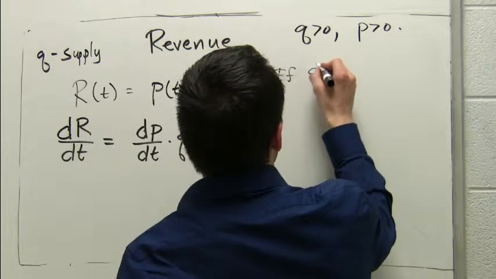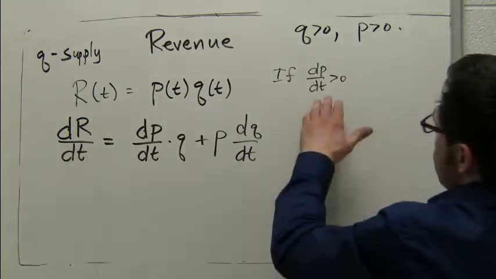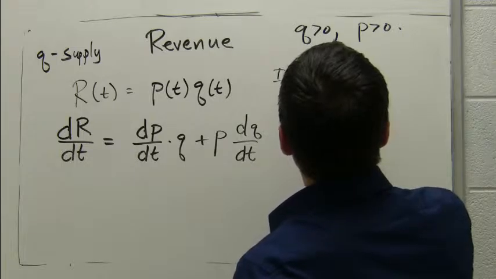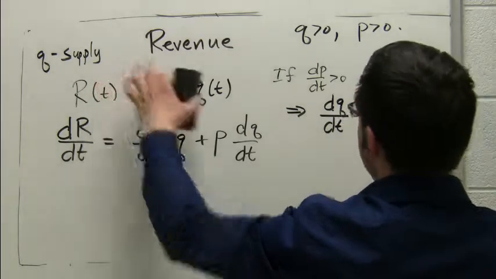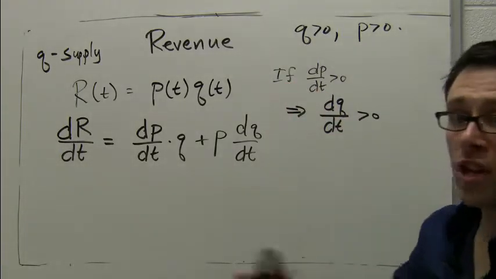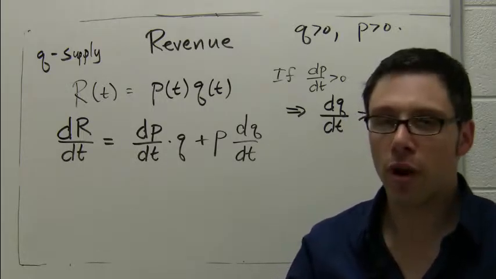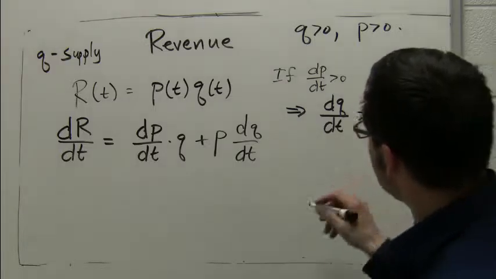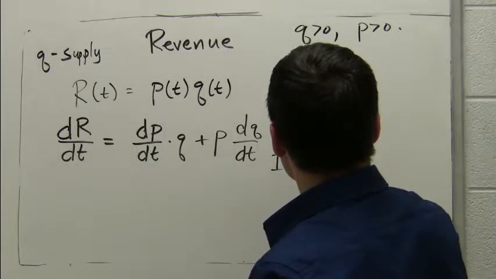If dp/dt is positive, so the price is increasing with respect to time, that implies that the change in supply, or quantity from the supply side, is going to be positive. So they're doing the same thing, right? If price goes up, if I can charge more per item, that means I'm going to supply more items. It just makes sense.